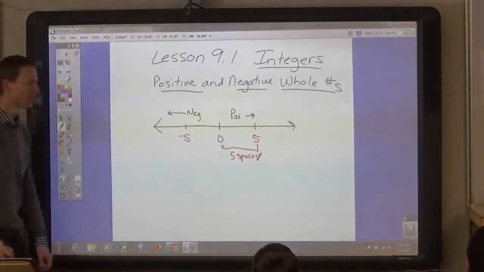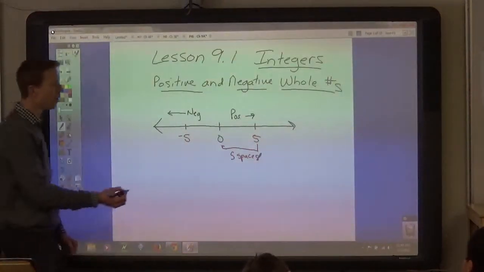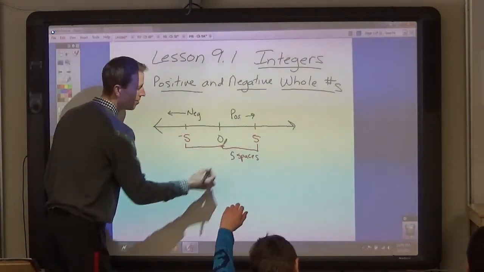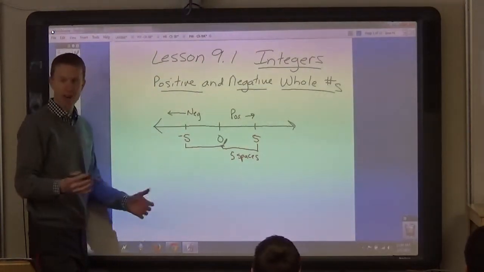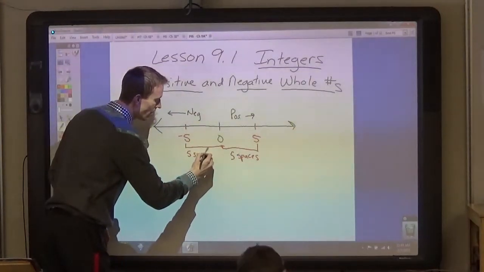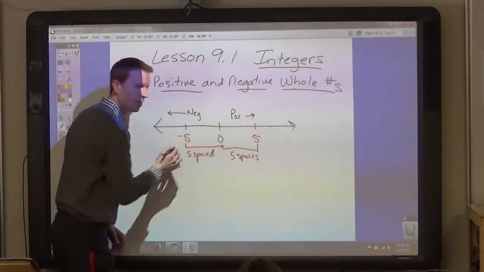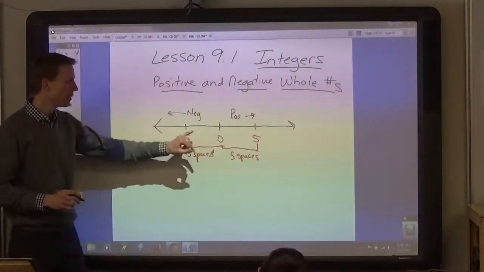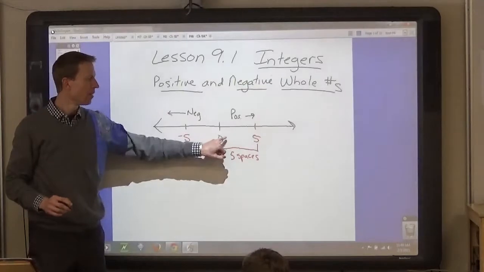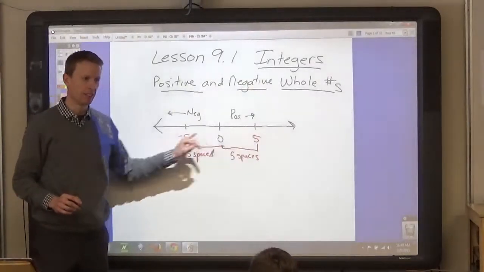How far is it from -5 to 0? It's also 5 spaces. So they're 10 away from each other, and they're the same distance from 0. These two numbers are called opposites.